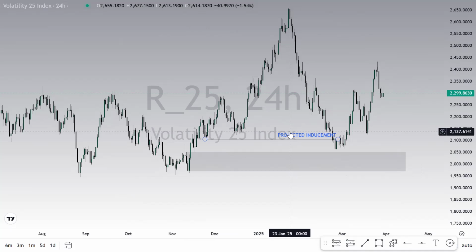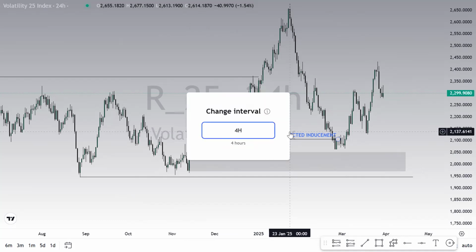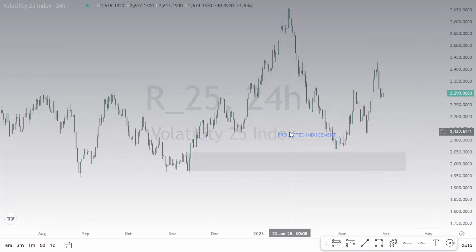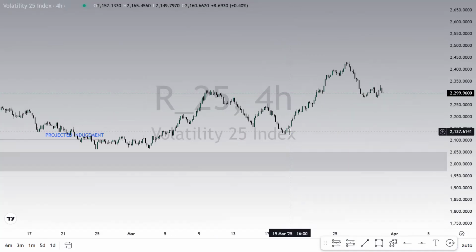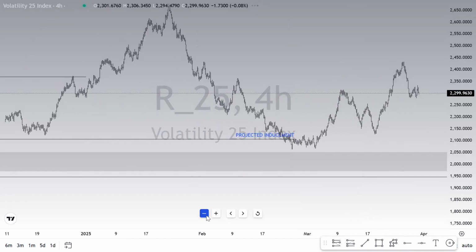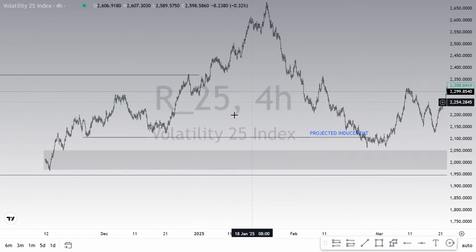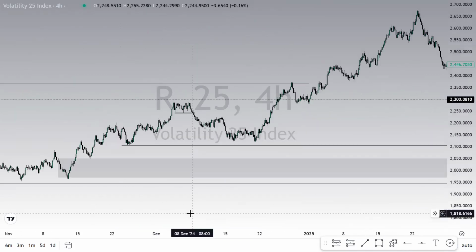So for this video, I'm going to be using the 4 hours time frame, because that's the most common time frame for all types of trader, whether you are a scalper, an intraday, or a swing trader. Whatever type of trader that you are, that's the best time frame that you can use as a mid time frame.